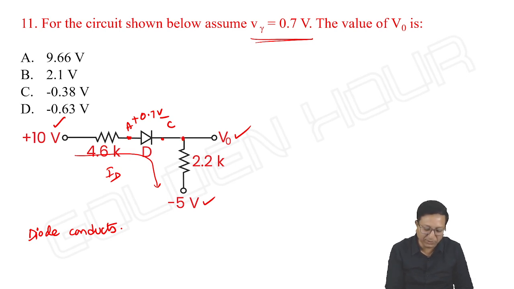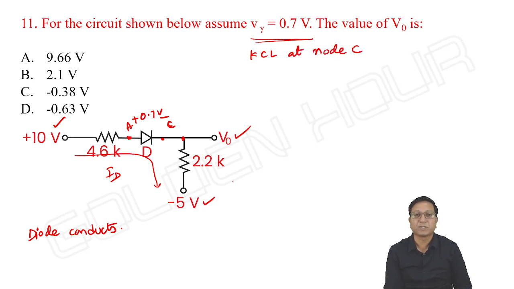Let me take this node. Apply KCL at node C, the cathode. I am writing V output minus of minus 0.7 here. VD has polarities plus minus from anode to cathode, 0.7.